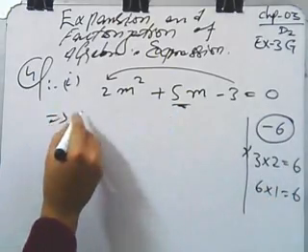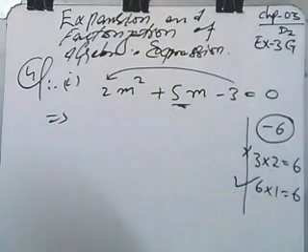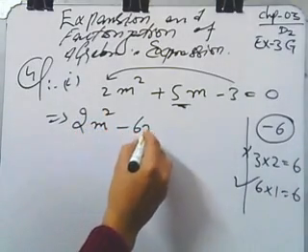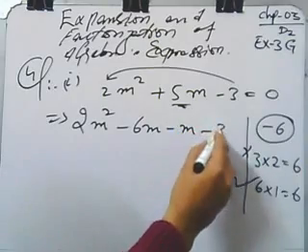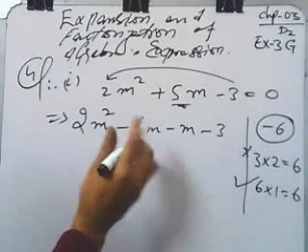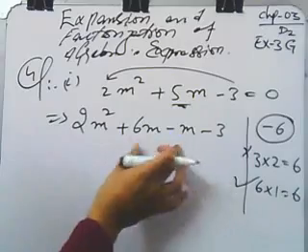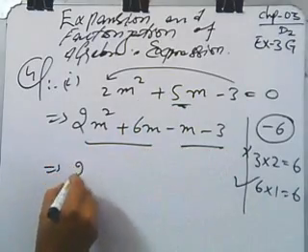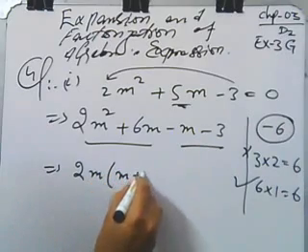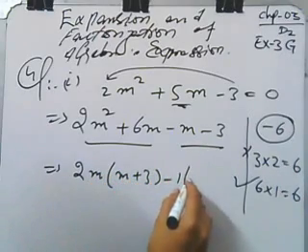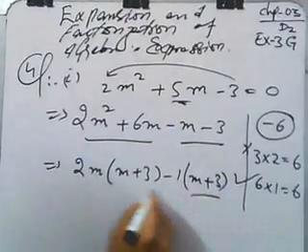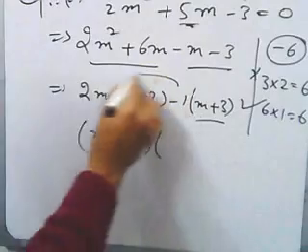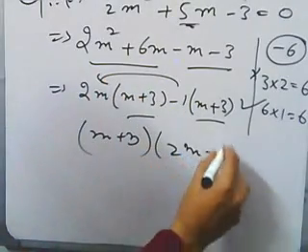So these factors are very appropriate, so we use here m square, 6 times 1 is 6. The greater value should get the plus sign. 6 minus 1, you will get plus 5. So take the common: 2m you can take common, so m plus 3, and 1 you should take common, m plus 3. So again m plus 3 is common, so you take common and write here 2m minus 1.